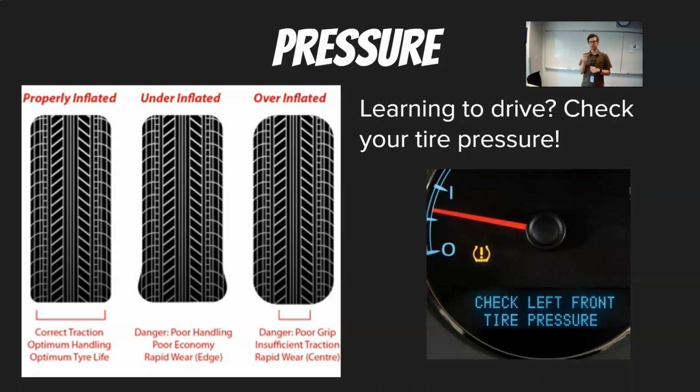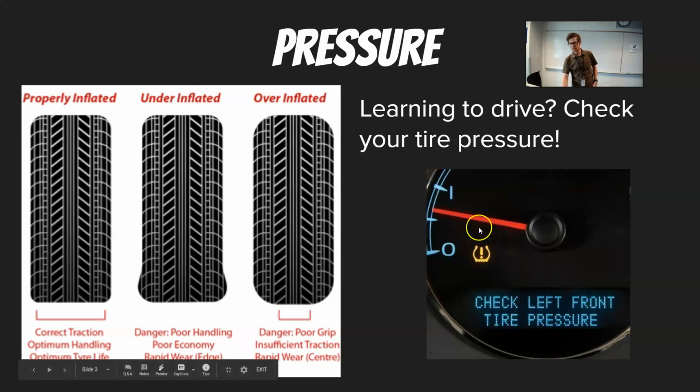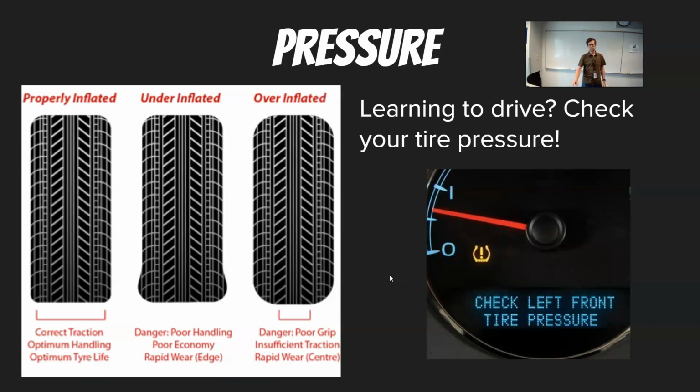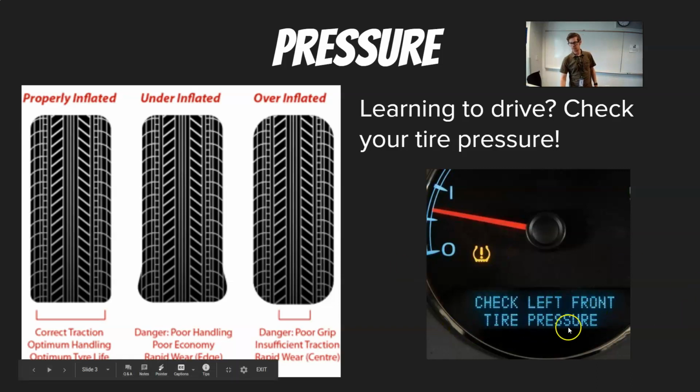It detects the pressure and sends it to the car's computer system using a small RFID device. So it's actually able to communicate, and if it is not at the recommended pressure, it usually gives you something that looks like this, a light. And hopefully, if you have a really nice car, it'll tell you which tire has a pressure issue.